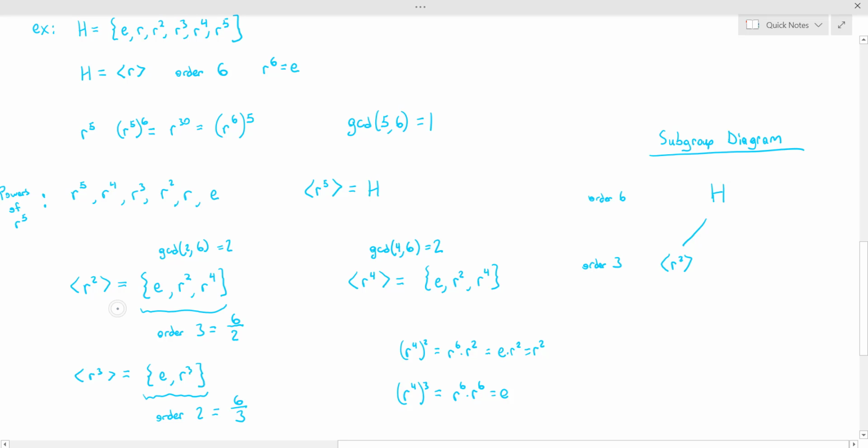That was the cyclic subgroup generated by r squared, which has 3 elements in it. Then we had a cyclic subgroup of order 2. That was the cyclic subgroup generated by r cubed. And then, of course, we have the trivial subgroup consisting only of the identity element.